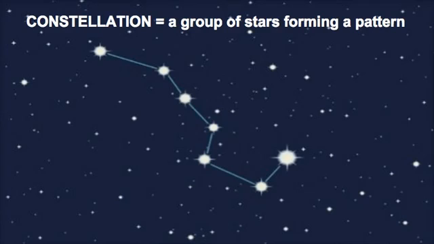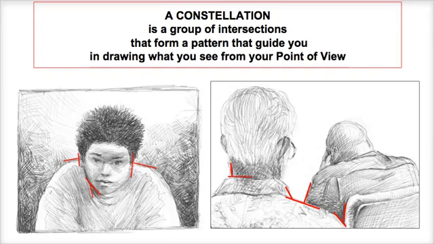And constellations in these drawing exercises will guide you as you learn to draw what you observe. We learned about directions in lesson 1 and intersections in lesson 2, and here we're learning that a constellation is a group of intersections that form a pattern that guide you in drawing what you see from your point of view.